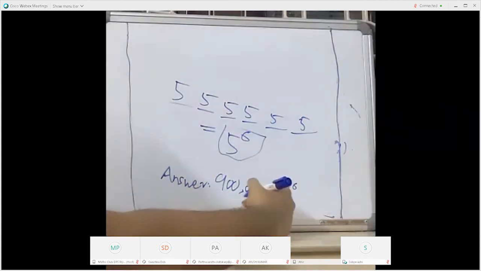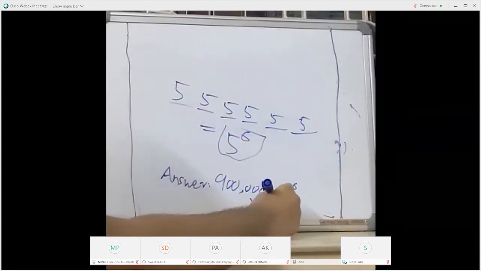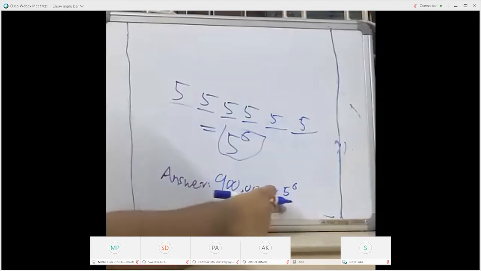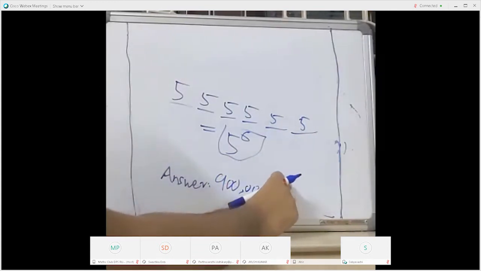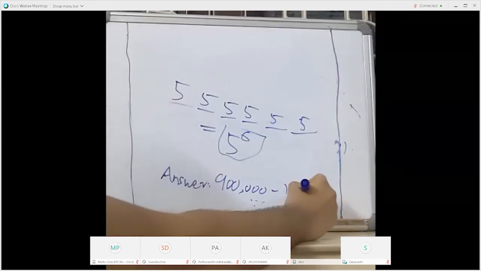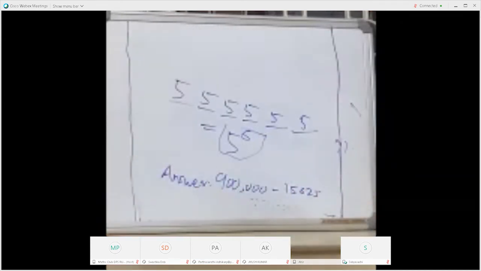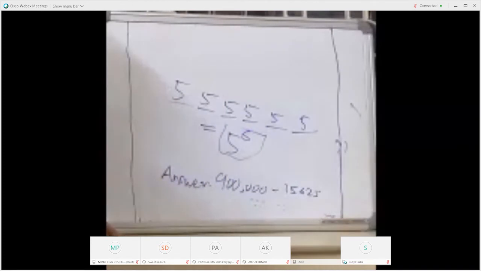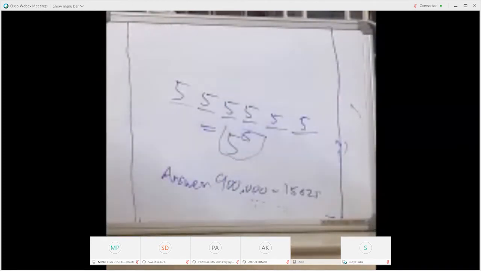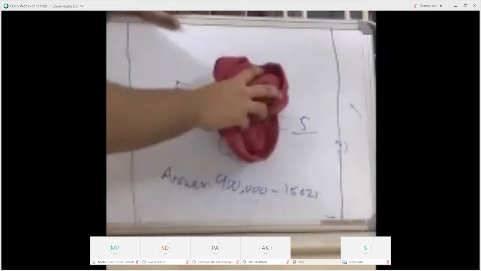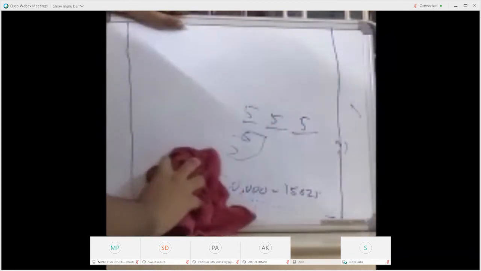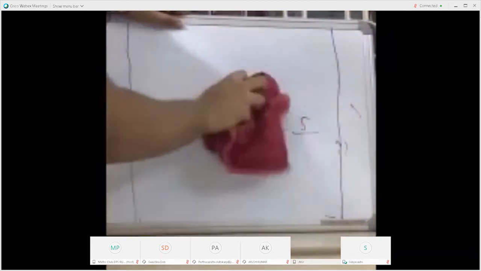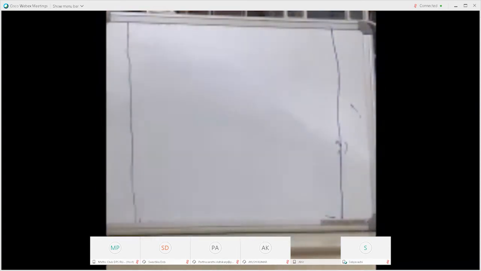It would be 5, 25, 125, 125 into 125 would be 15625. So we have 15625, and you can calculate this, whatever it comes. So now we have enough knowledge to approach an RMO problem.